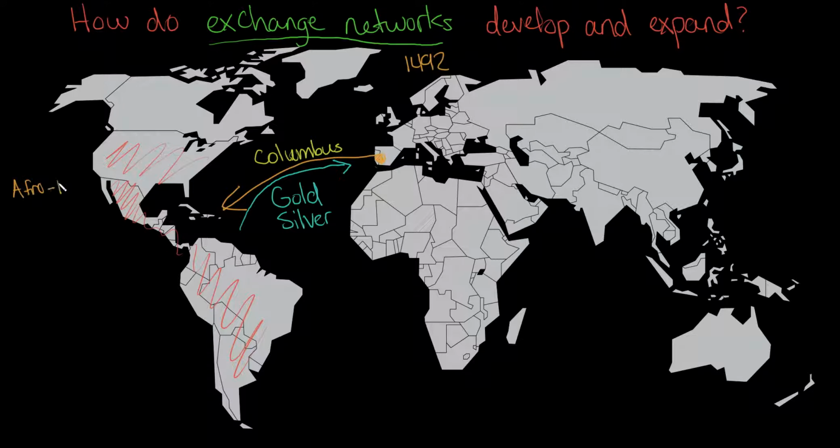And when I refer to Afro-Eurasia, I'm referring to the entirety of Europe, of Asia, and of Africa. I'm referring to those three continents because, for the most part, they're connected by land. They're connected here, and here by a short boat ride.